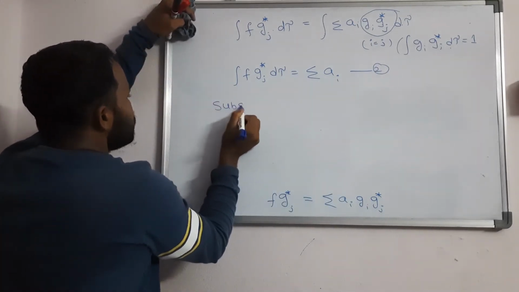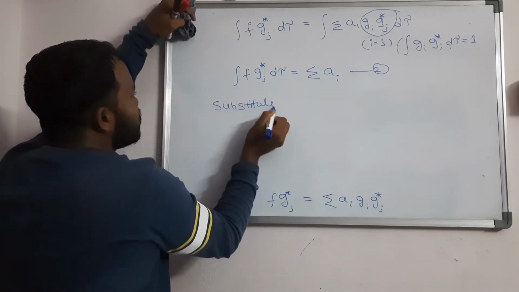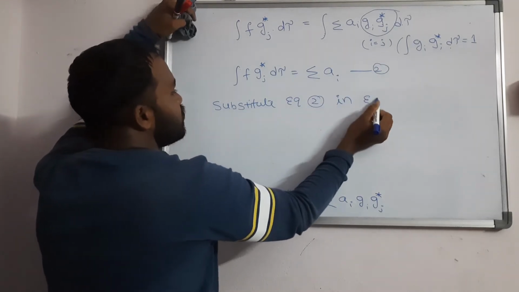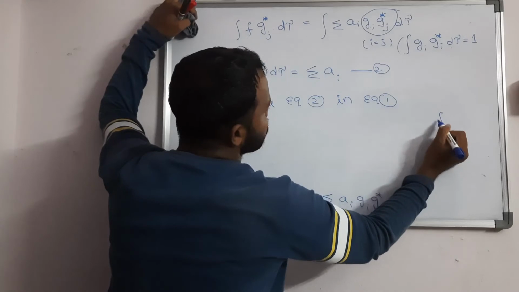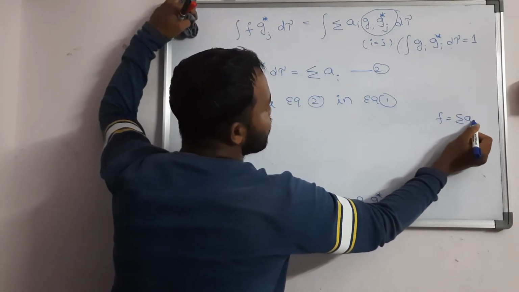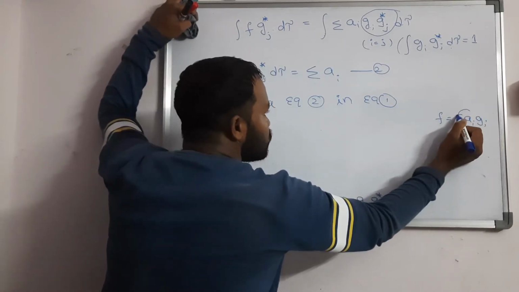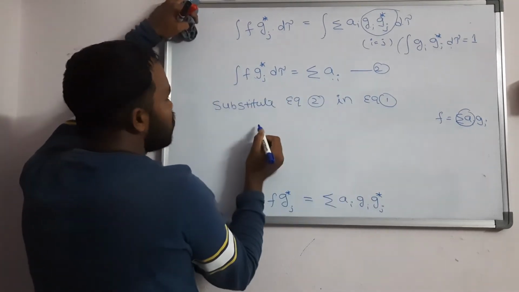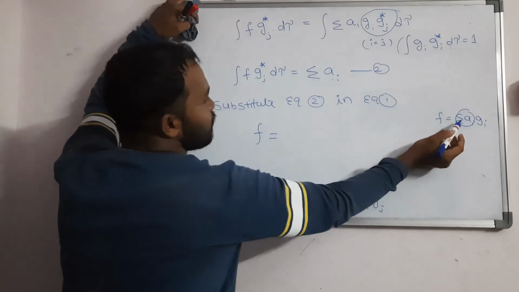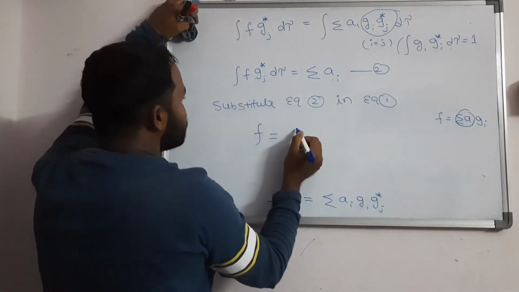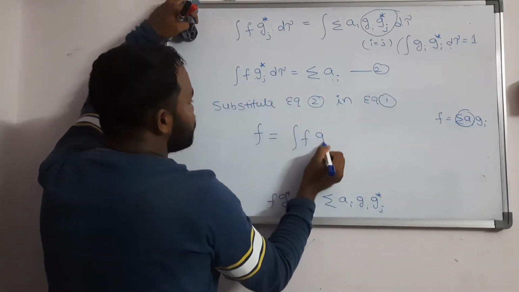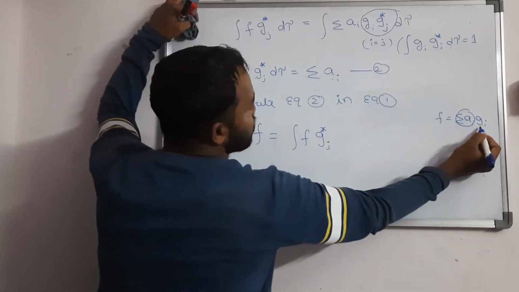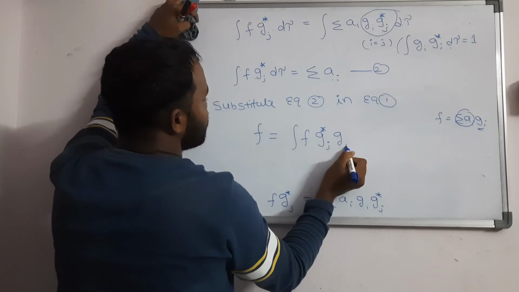Substitute equation 2 in equation 1. Equation 1 is f is equal to summation ai into gi. Now in place of summation ai, you should substitute this value. So f is equal to the integral of f into gj star into d tau, multiplied by gi.